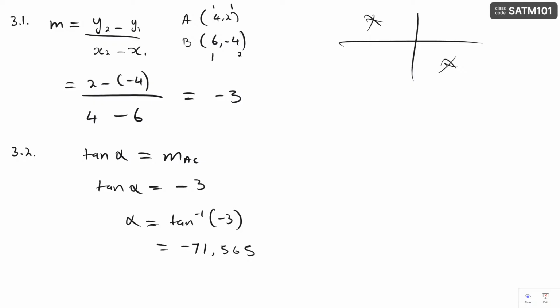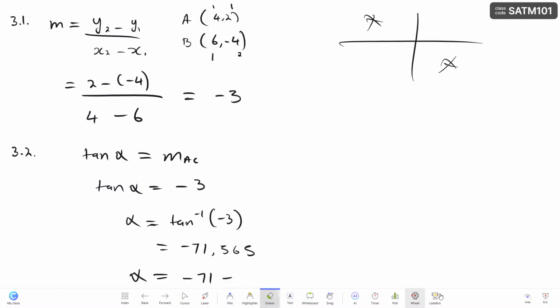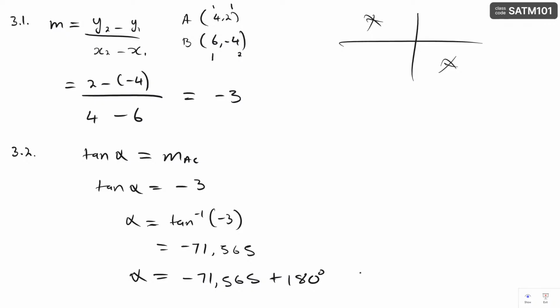So here we need to say our alpha is going to be negative 71.565 plus 180 degrees.